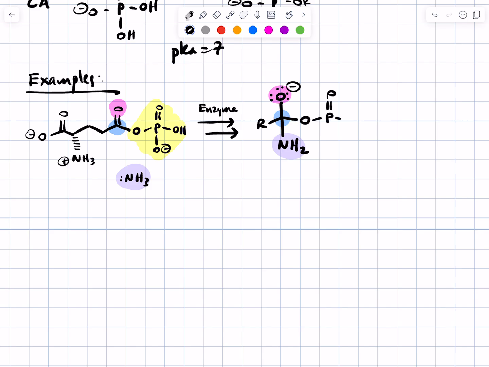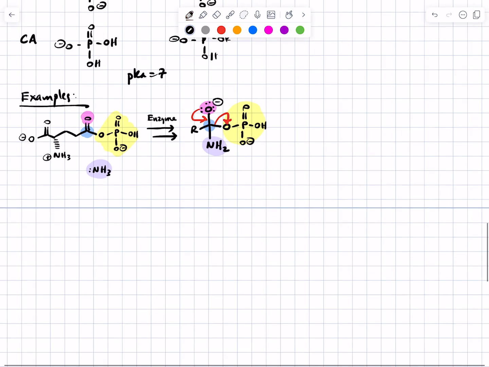And then here is the phosphate group, which is going to be our leaving group. Here the phosphate is a much better leaving group than the NH2. So electrons kick down and the leaving group leaves. And then what you're left with is the amino acid glutamine.